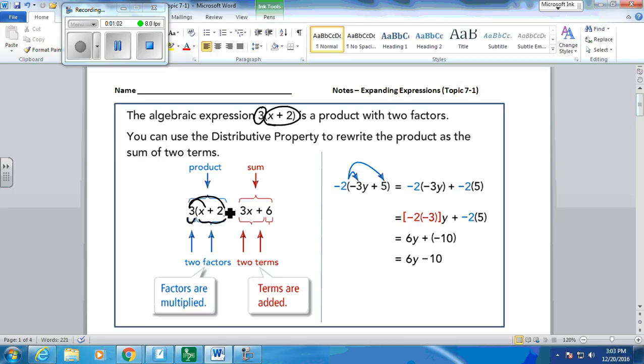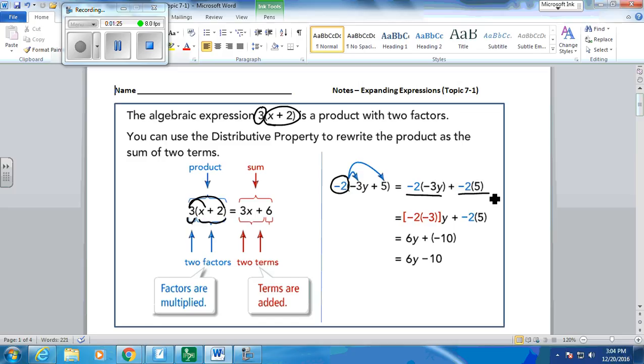Looking at the second part, they are showing us that if you have a negative 2, the negative 2 times the negative 3y, they're writing right here for us, and then the negative 2 times the 5, they're writing right there. Now, they aren't just doing the multiplication, they're showing you the steps to getting the answer. So now they're saying, well, the negative 2 and the negative 3, you can multiply those together.